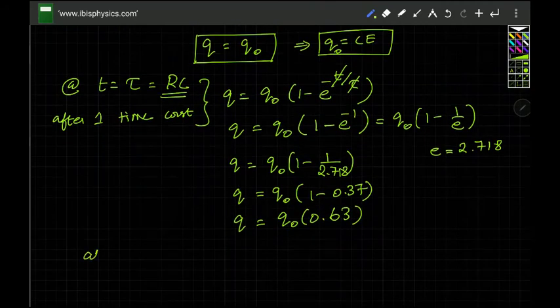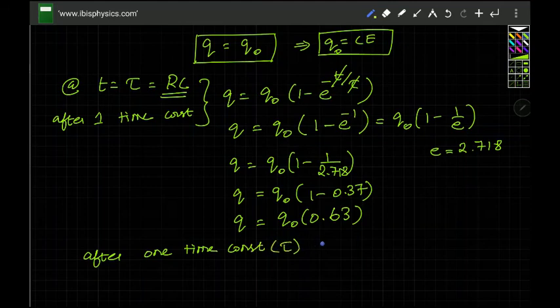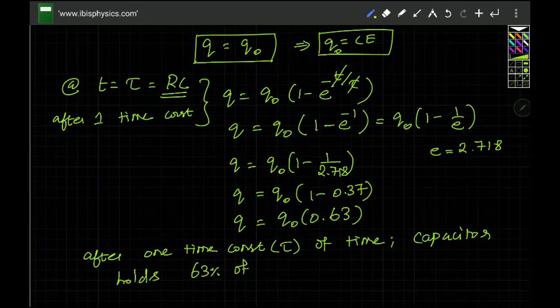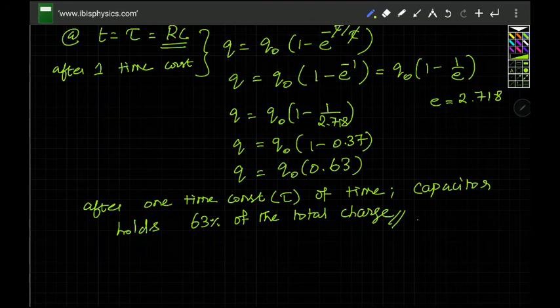So after one time constant of time, the capacitor holds 0.63 times the total charge. That means 63% of the total charge. We need to remember that. So it is 63% of Q naught.